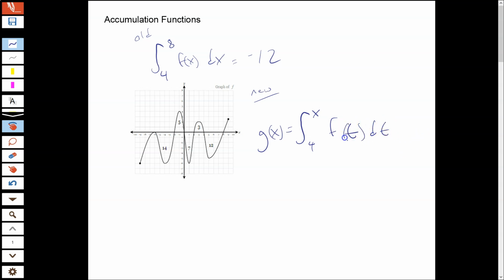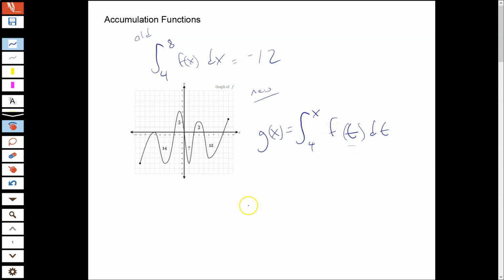Doesn't really matter except for the notation. So what this means is it's a function just like we're used to seeing. I can change x and see how this function changes. And what I am changing when I change x is no longer the x inside of f. It is the bound of the integral.